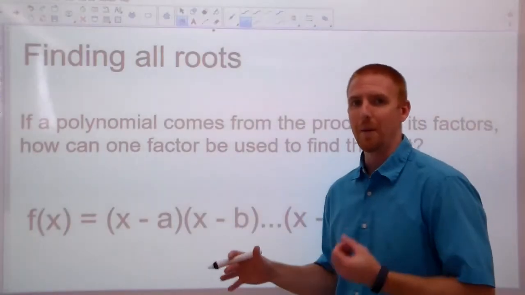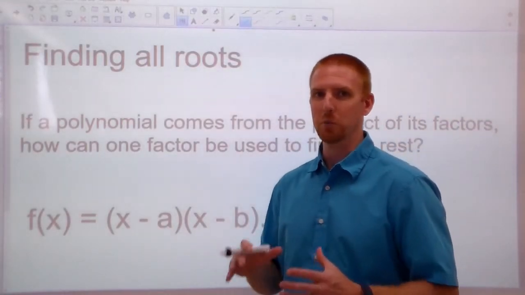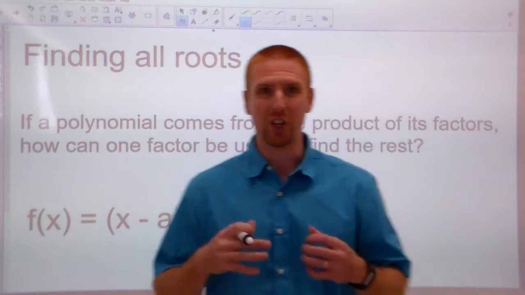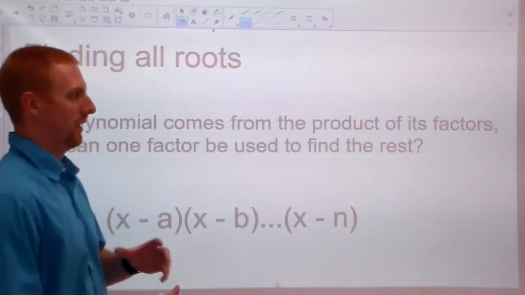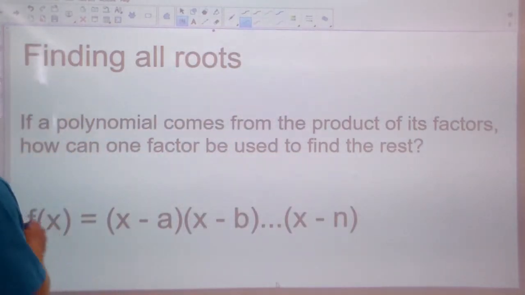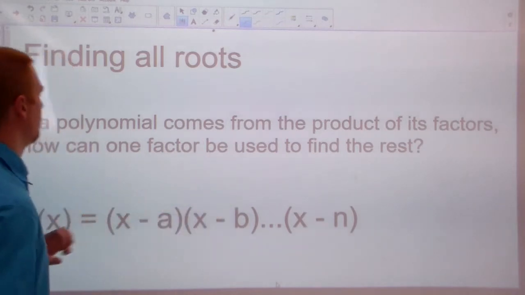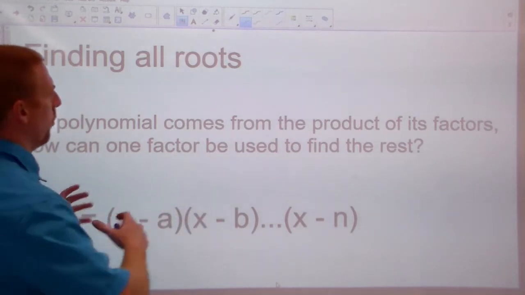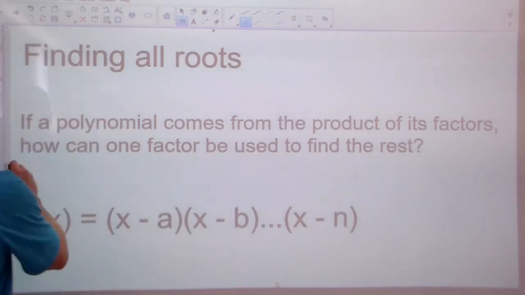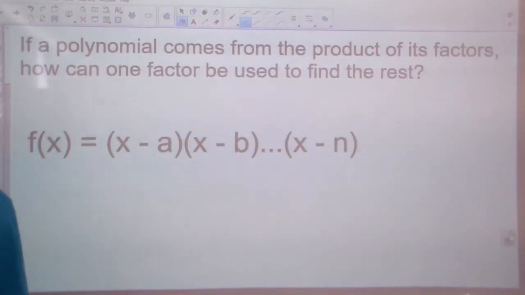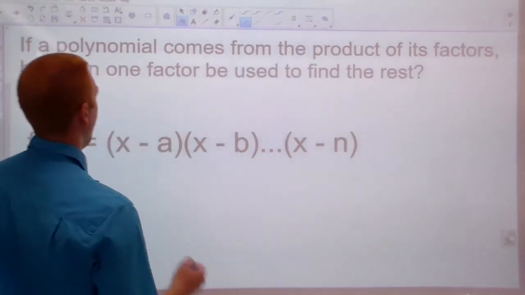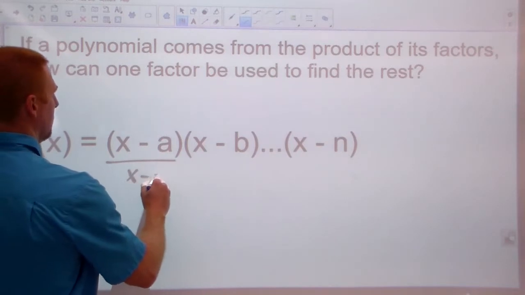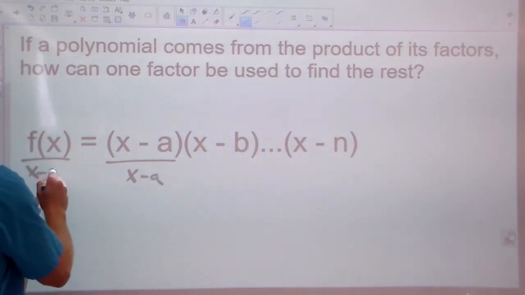All right, so this part's going to tie back into the factor remainder theorem. It's pretty much the exact same thing we've already done. I'm just clarifying something to really drive a point home. So the polynomial comes from the product of all its factors. How can one factor be used to find the rest? Okay, well, if you know any of the factors, you can always divide the whole polynomial by that.